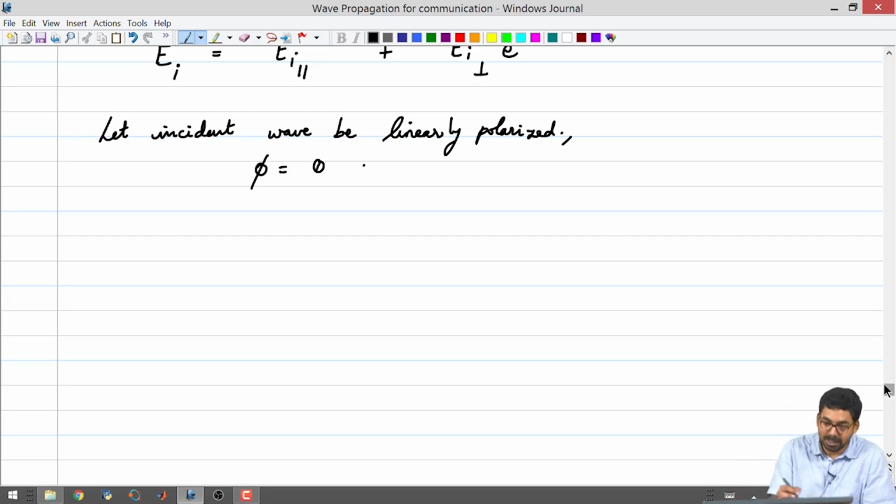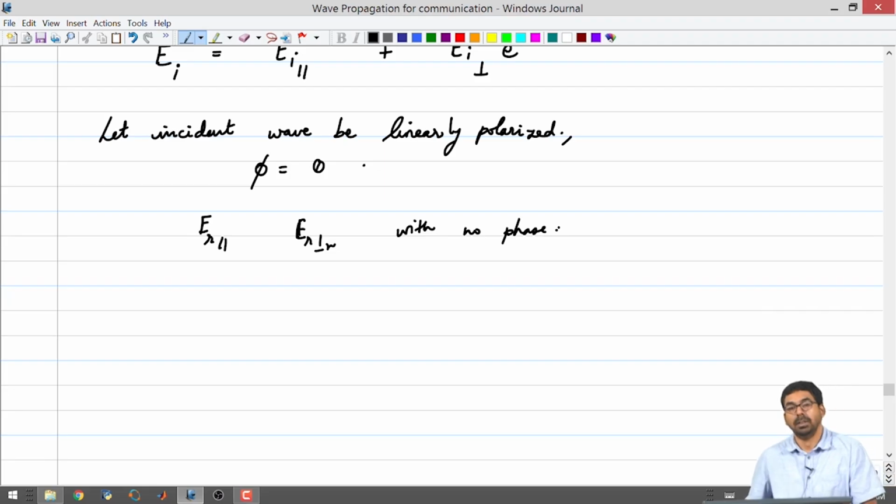Okay. So, which means that EI parallel, EI perpendicular in the case of linearly polarized wave will lead to ER parallel, ER perpendicular with no phase.